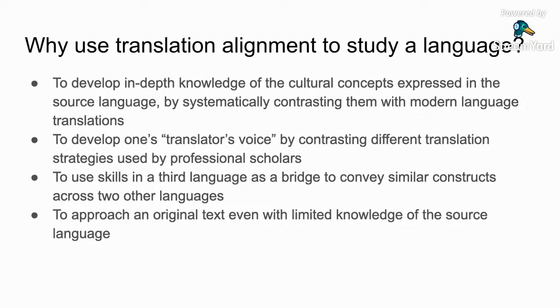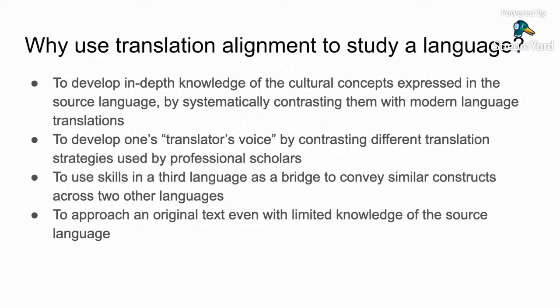And this is particularly useful when we are dealing with completely different historical, chronological, or cultural contexts. So we have found that translation alignment is particularly useful to develop in-depth knowledge of the cultural concepts expressed in a source language.